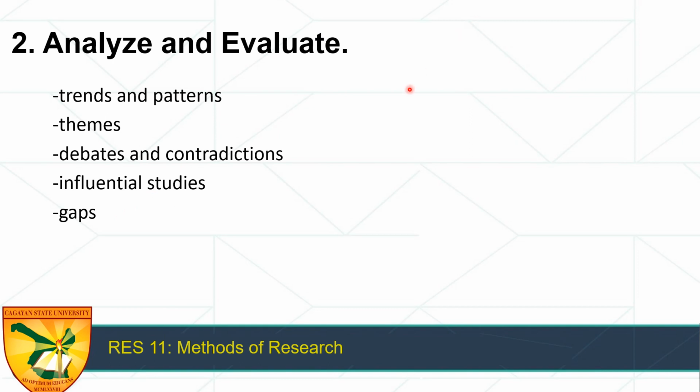So multiple studies can agree or disagree in one area, and that is a very good literature that you need to put in your literature review. For example, in one sentence, you have multiple authors agreeing to that concept or topic. So when you do analysis, remember that you are critically evaluating your literature.